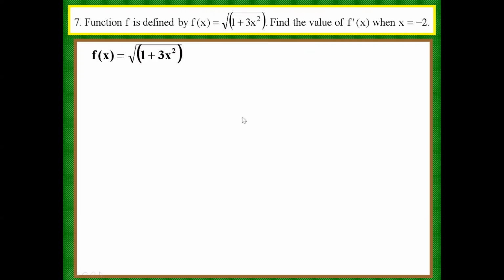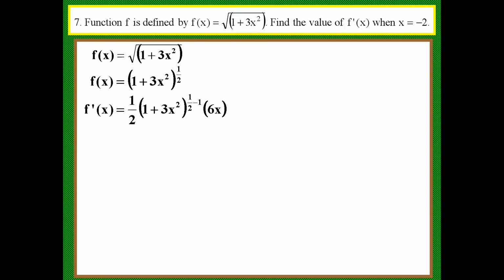Same thing, the power will go up, and you will solve it by bringing the power down and index -1, differentiate whatever you have inside and put it there, and then bring it back down. You can straight away change it to square root, it's no problem.